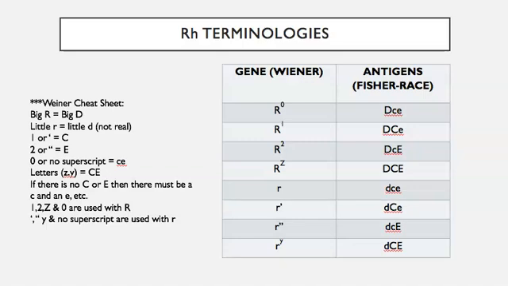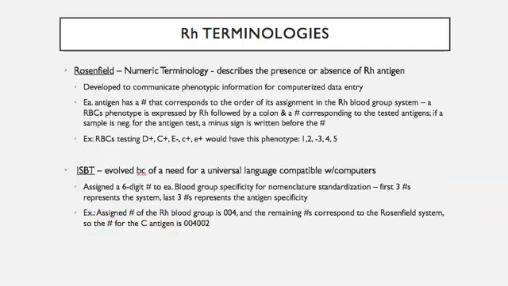Another terminology is called the Rosenfield, a numeric terminology that describes the presence or absence of the Rh antigen. This terminology was developed to communicate phenotypic information for computerized data entry, so it doesn't address genetic information at all. Each antigen has a number that corresponds to the order of its assignment in the Rh blood group system.